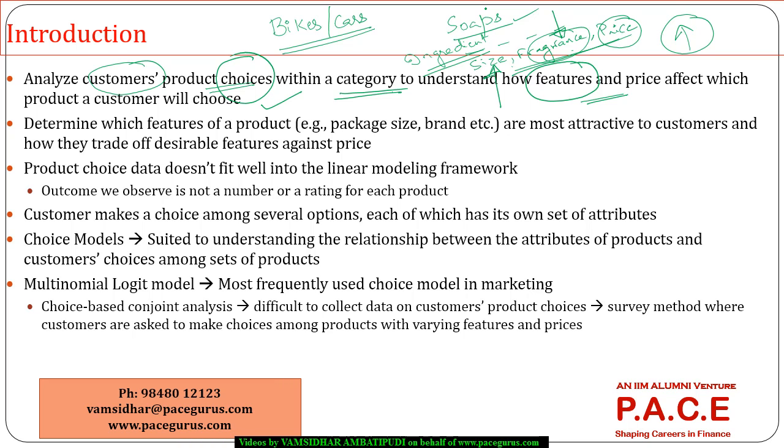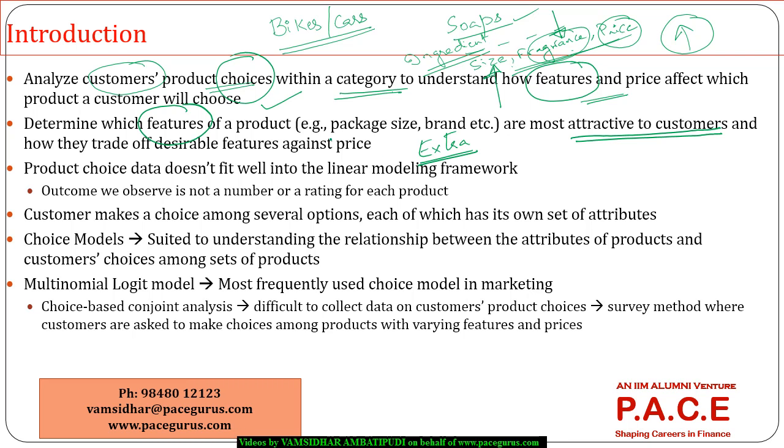Now, this is what we are calling choice modeling. Primarily, when I'm doing choice modeling, I'm trying to look at what features of a particular product the customer is getting more and more attracted to, and how much they are really willing to pay extra for that particular feature.